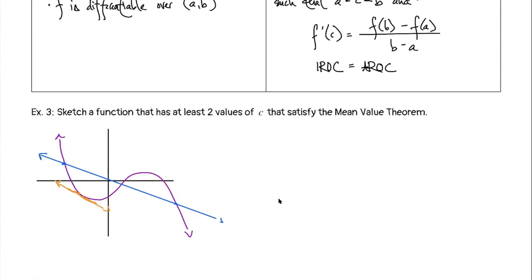So I think maybe I should have drawn that a little bit more to the right, but then that orange line would have the same slope as the blue line. Are any points in this region going to have the same slope as the blue line? What are our thoughts? Yeah. Where in that region?